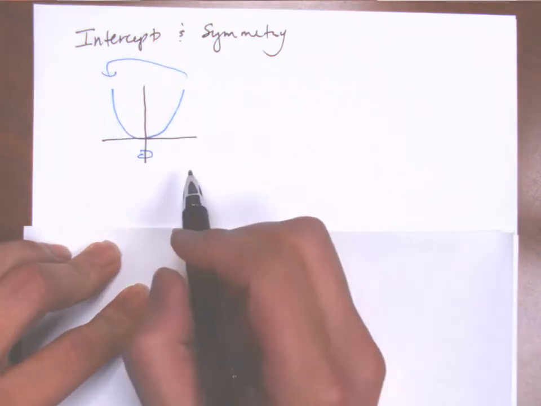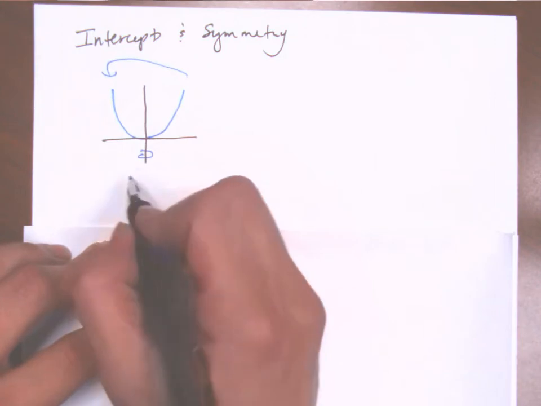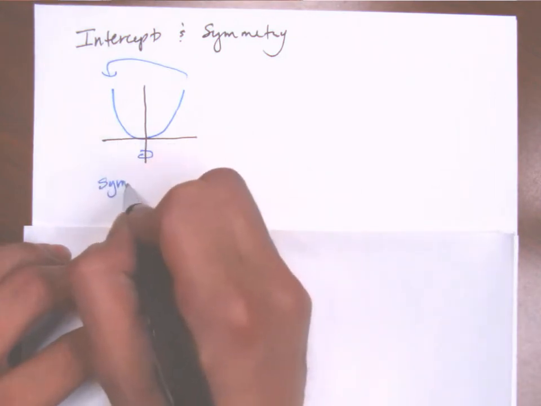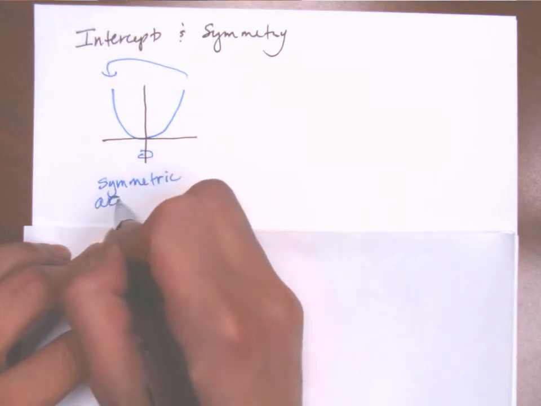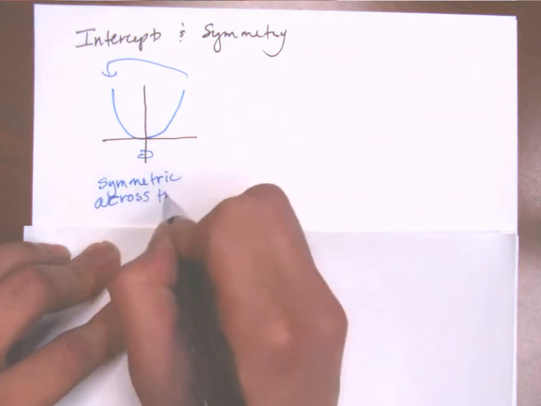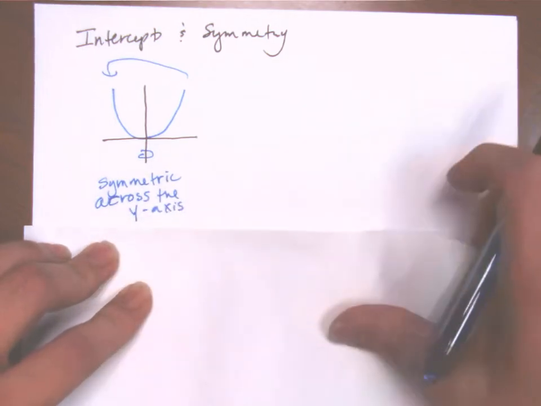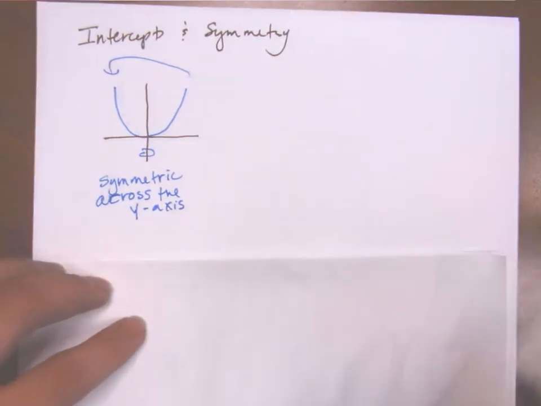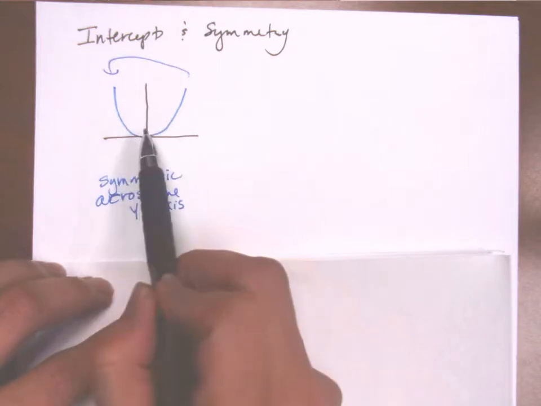When you have something that is a perfect mirror image across the y-axis, we call this symmetric across the y. Okay, so that's one type of symmetry. Symmetry across the y. If I spin this graph around, I end up with the exact same graph.